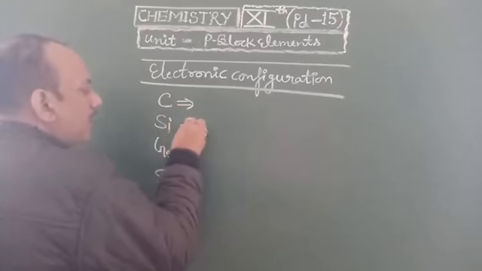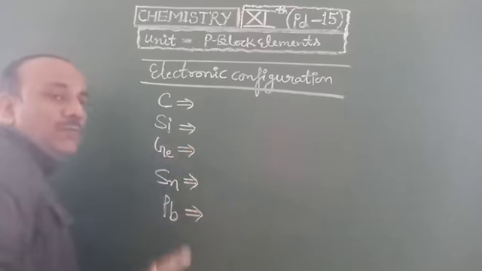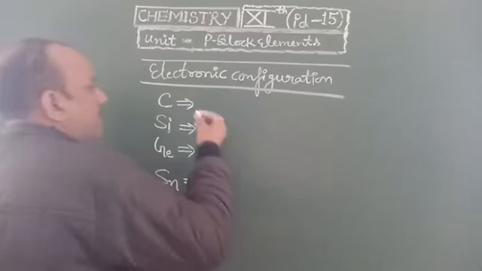All fourth A group elements have 4 electrons in their outermost orbital. Also, we say that 4 electrons are in their valency orbital.